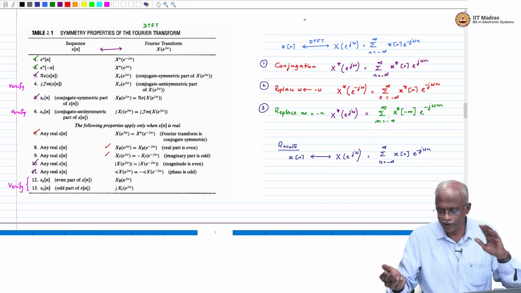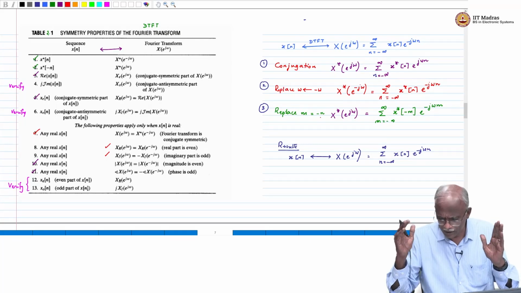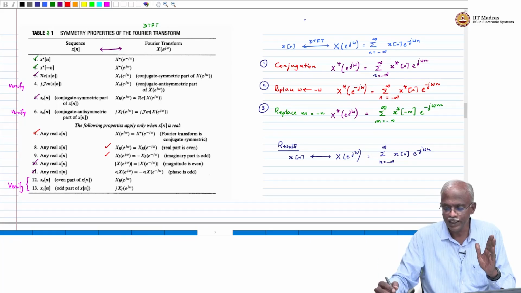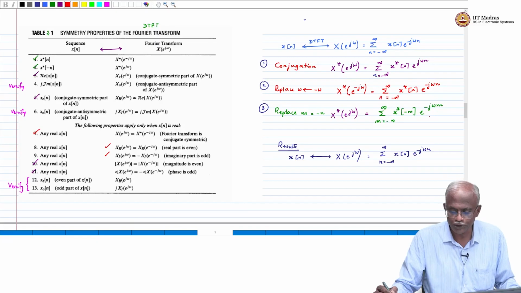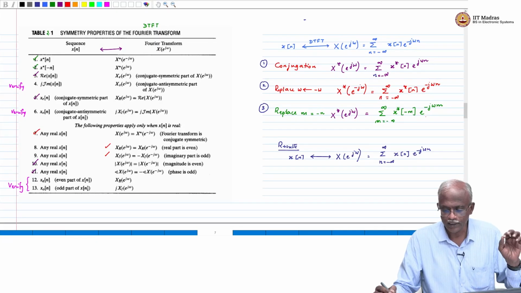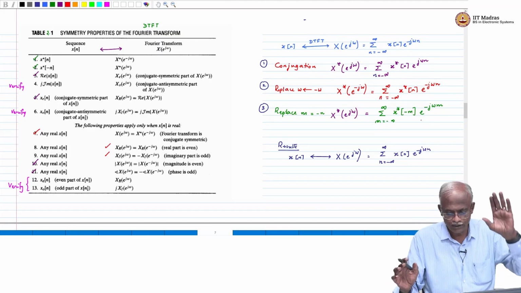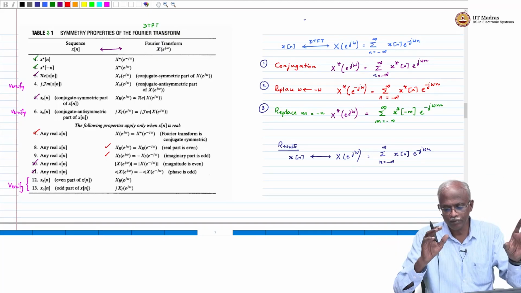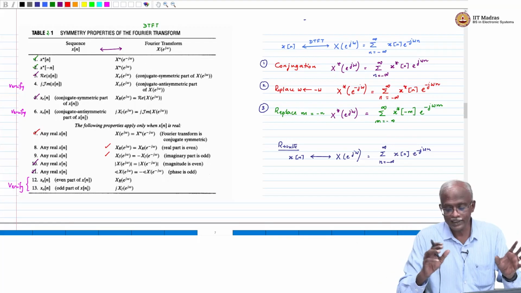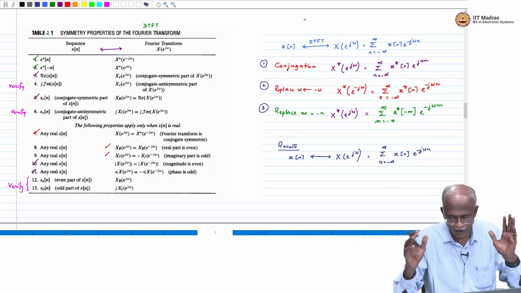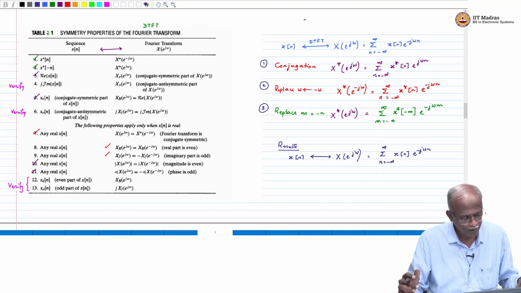And when you replace n with minus m, then m goes from minus infinity to infinity. You can then do the substitution, and then you can get the correct expression. So these are the things: conjugation, replacing omega with minus omega, and replacing n with minus m, and this is what will give you the result, always coming back to the basic results.